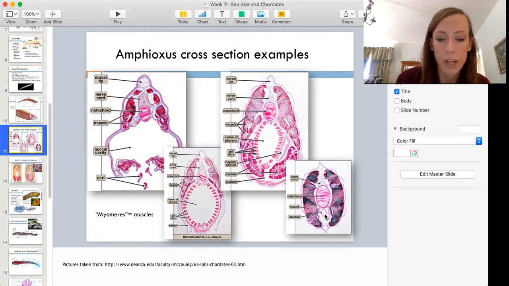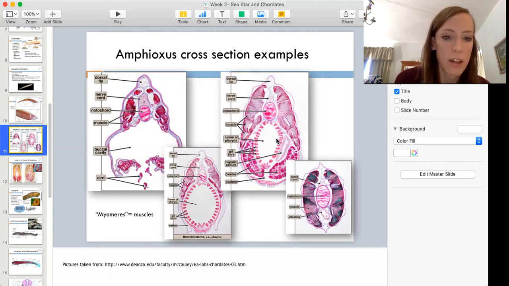Food will exit out the anus. Water exits out the atriopore. Those are the major digestive structures. I'll also mention, you can see here in this particular cut, the hepatic cecum, which helps to process some of the smaller food, especially glycogen, and allows for digestion of that.